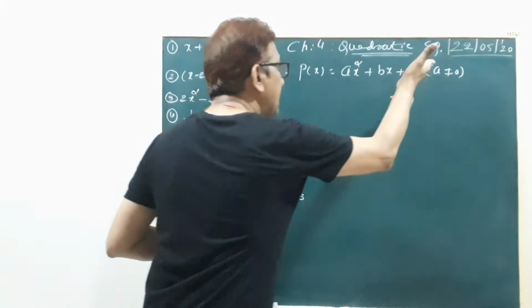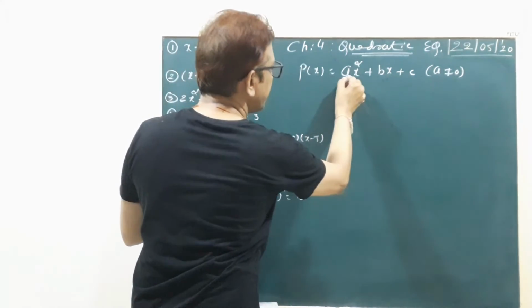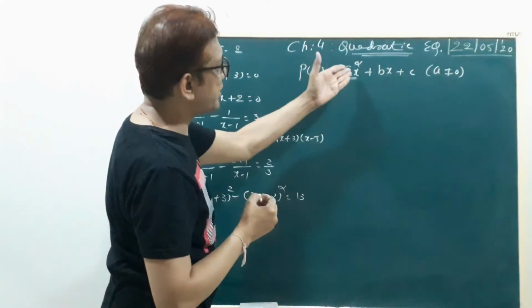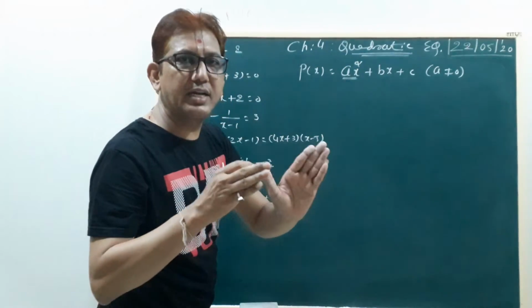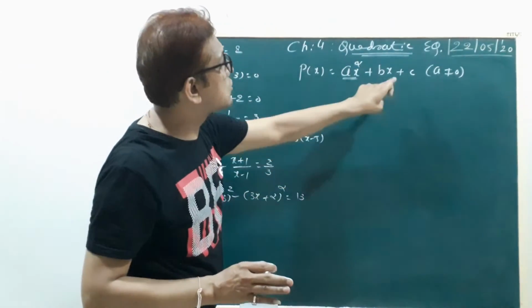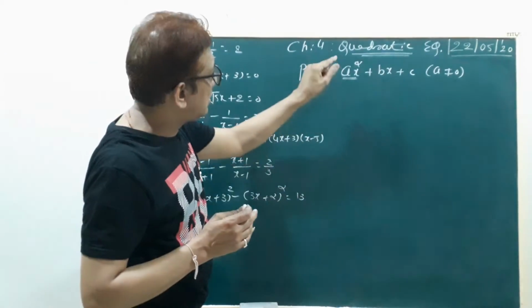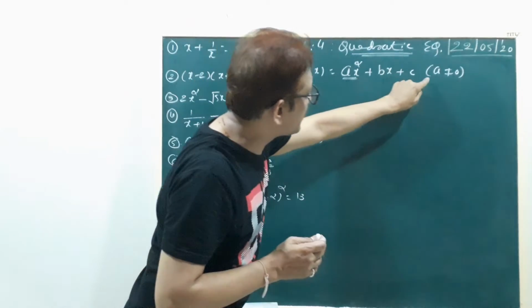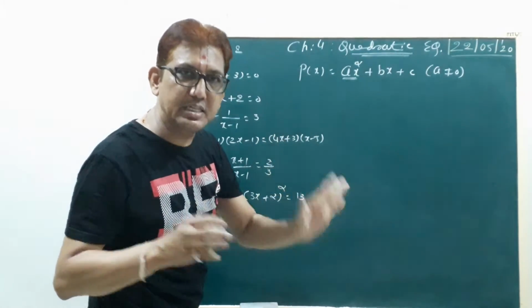If a equals 0, this term will be cancelled because 0 into any number is 0, so it is called a linear polynomial. So the coefficient of x square can never be 0.